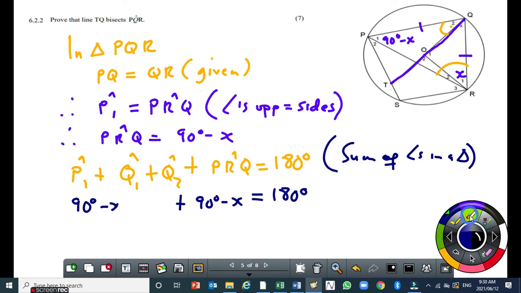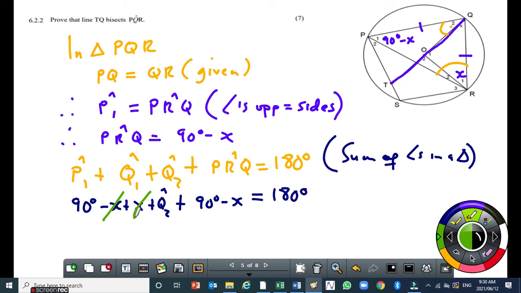So this is plus Q1 is x, but Q2 we don't know. We just need to prove that Q2 is x. That's the goal. I'm sure you can agree with me that some of the terms can cancel out. This minus x and that x will cancel. Does that make sense?